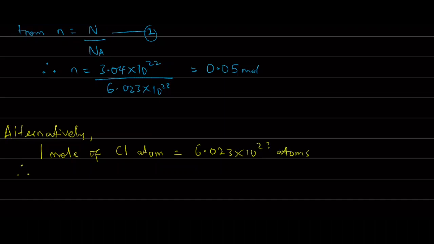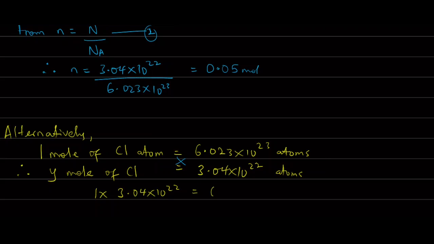Therefore, let's use another letter. y mole, y is representing the unknown. y mole of chlorine atoms is equal to the standard value, 3.04 × 10^22 atoms. So here we cross multiply. We get 1 times 3.04 × 10^22 is equal to 6.023 × 10^23 times y.